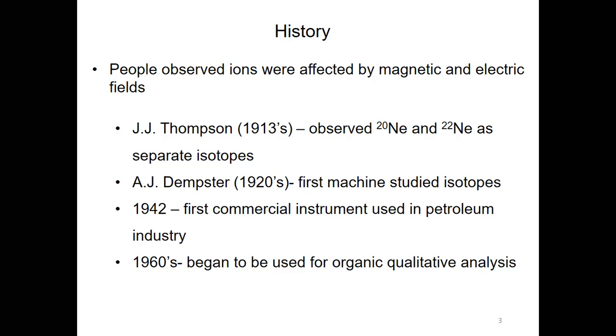In the 1930s, Thomson observed the neon-22 isotope by changing the magnetic and electric field. And Dempster, in the 1920s, invented the first machine to study those isotopes. And in 1942, the first commercial instrument was used in the petroleum industry.